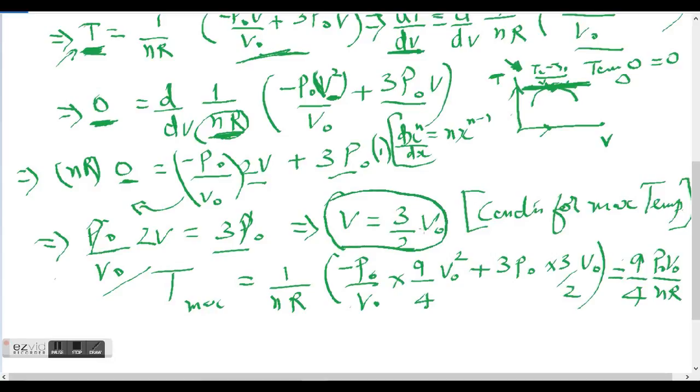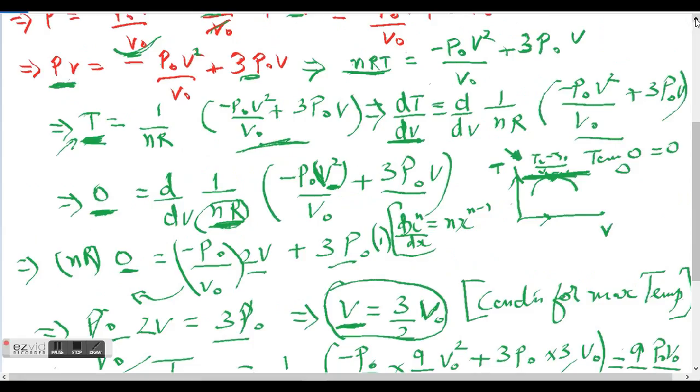So when the volume is 3 by 2 times V naught, where V naught is given on the graph, at this particular volume the temperature is maximum. So what I'm going to do is substitute this value in the equation above to get the maximum temperature. I solved for T, right?